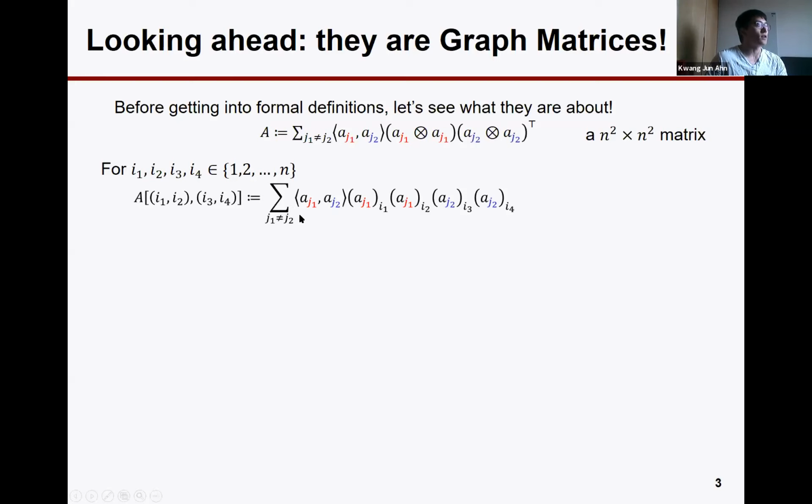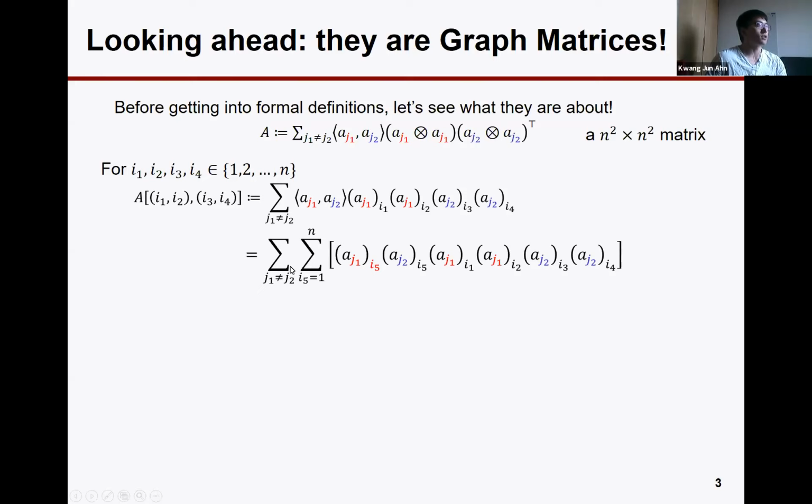If you unravel this inner product, you will see that the entry is the summation of all these terms. One naive way, and this is a very informal statement, is to represent this by a picture like this. For each i index, you draw a circle, and for each j index, you draw a diamond.